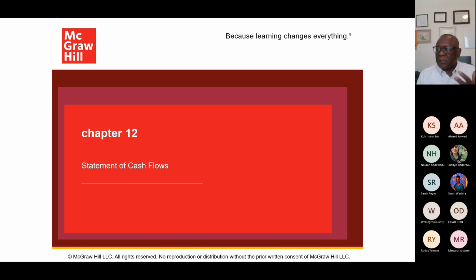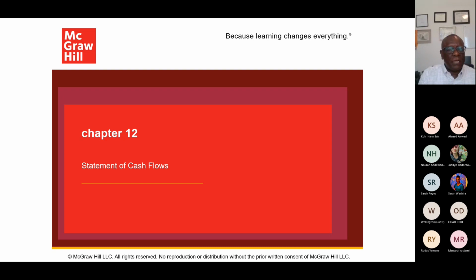If it is minus, if it is less, that means we have sold. So we add that. And then we arrive at what we call net operating cash flow, or cash flow from operating activities. Now using the indirect method, we have been able to get cash flow from operating activities.